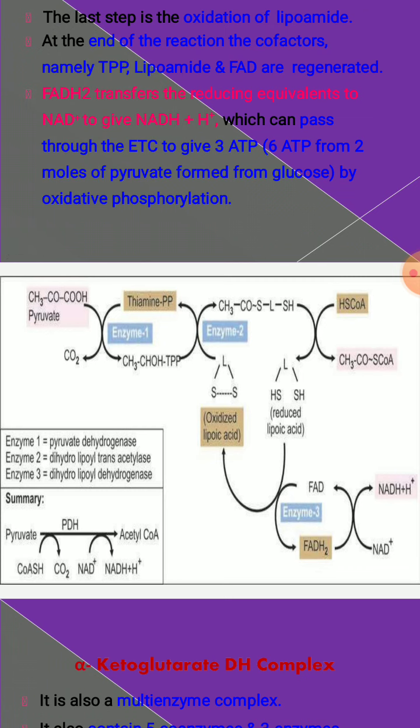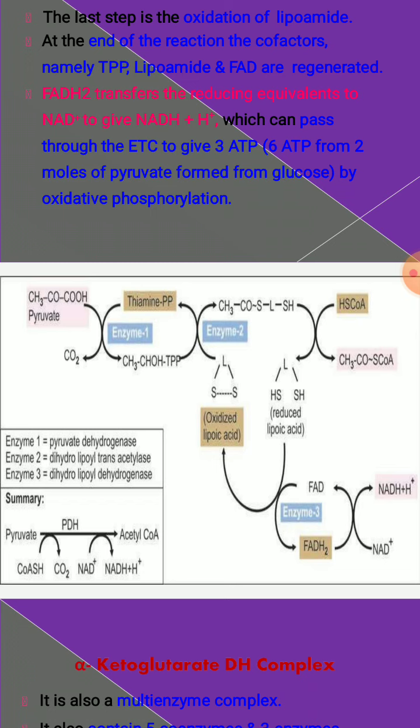So you can see this mechanism, right? This pyruvate dehydrogenase mechanism, what I have explained just now. So formation of hydroxyethyl TPP. Further the transfer of this acetyl group is going to happen here, and further it is involved in the oxidation of this lipoic acid to the oxidized form of the lipoic acid, and reduced form.